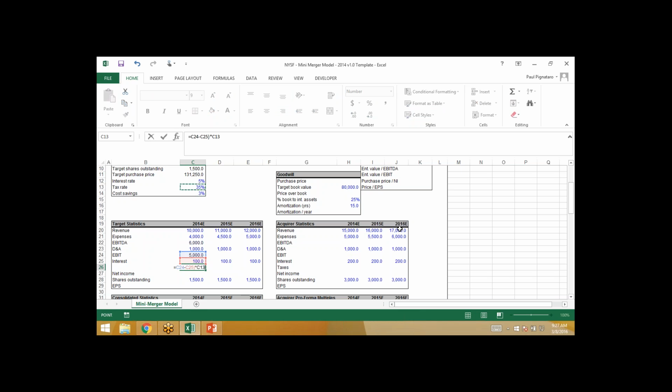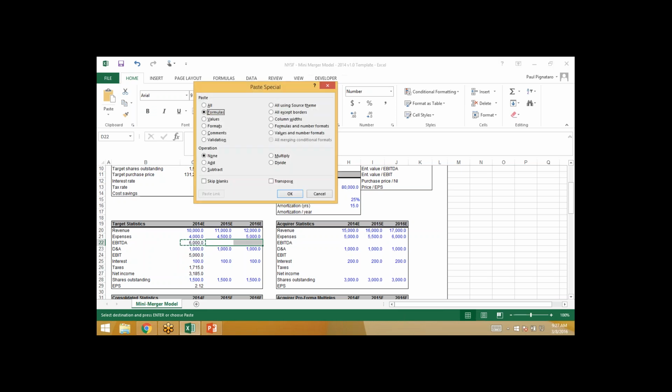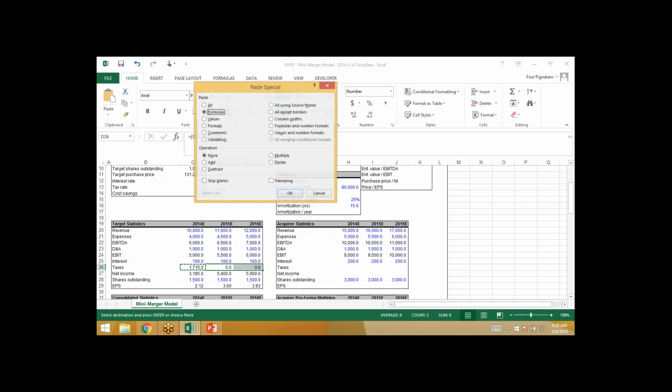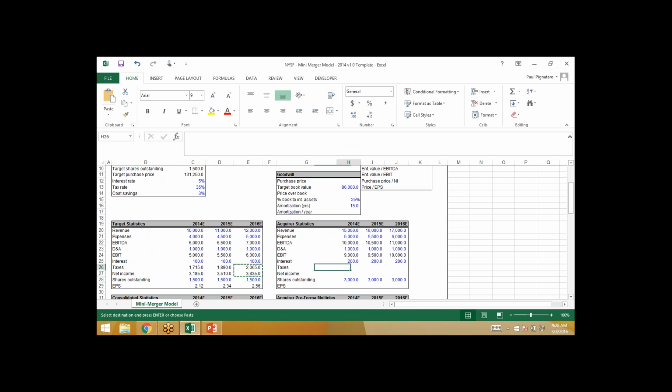Tax rates above, cell C13. Okay. Take a few minutes, catch up.